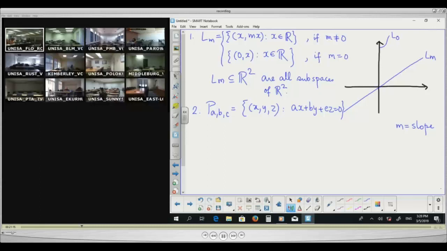This is the equation of a plane, right? Through the origin. Okay, so this is the plane.